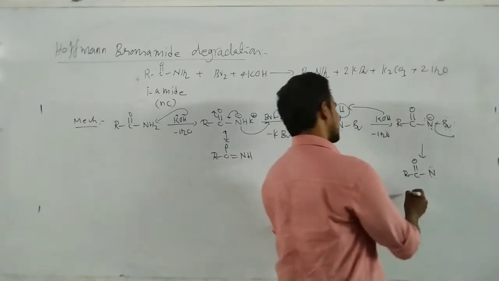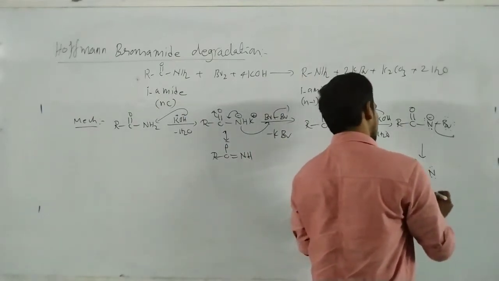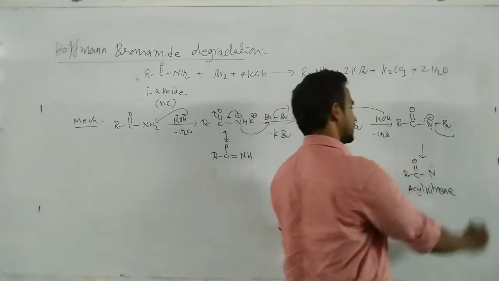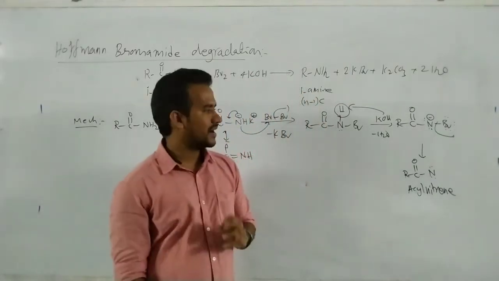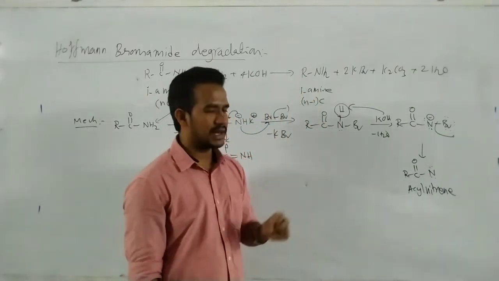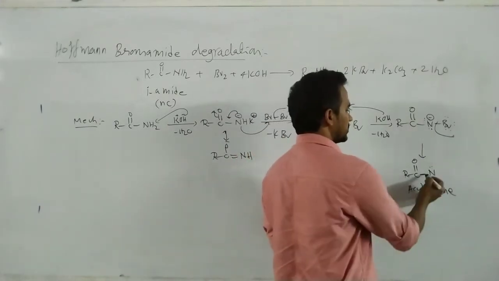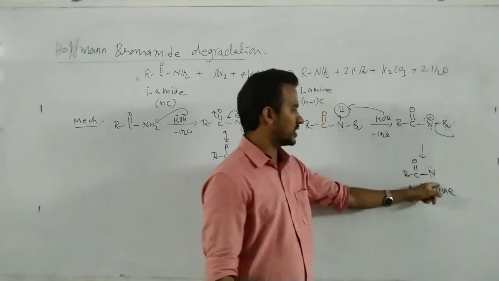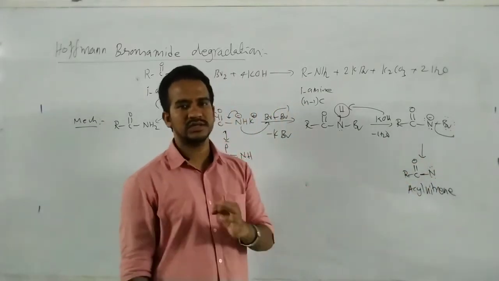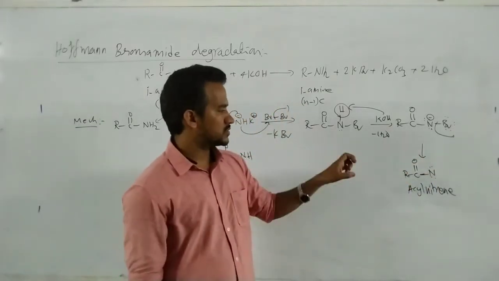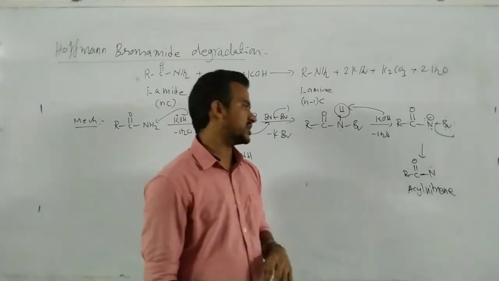So it is an acyl nitrene, like a carbene. In this case the nitrogen is neutral, and around the nitrogen there are 6 electrons: 2, 2, and 2 bonding electrons. So that nitrogen is electron deficient in nature.